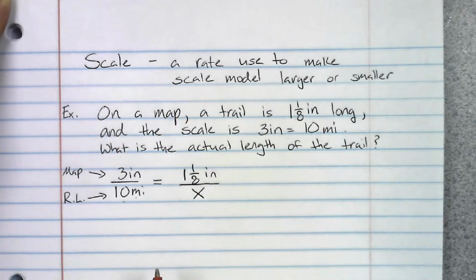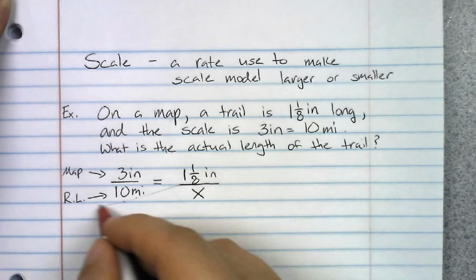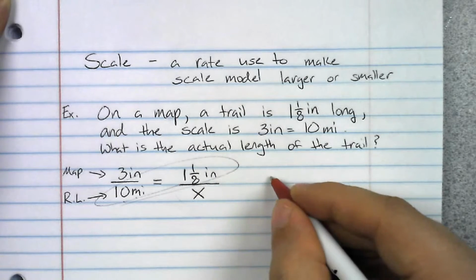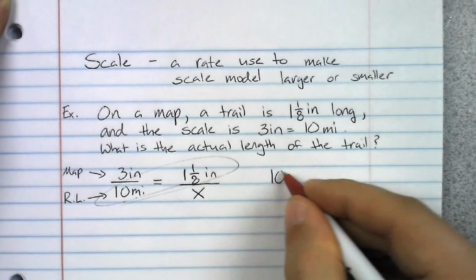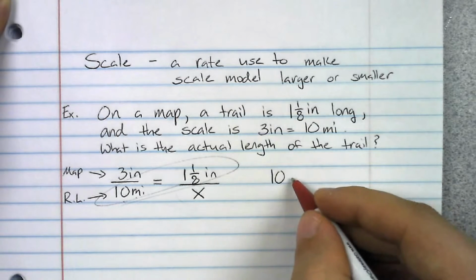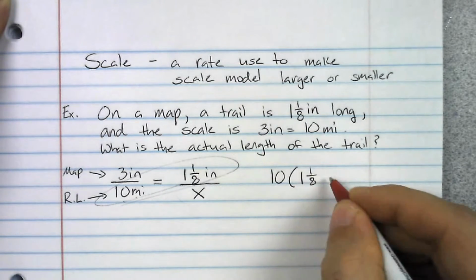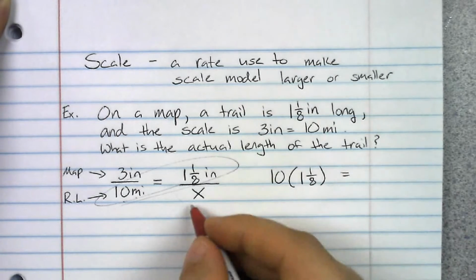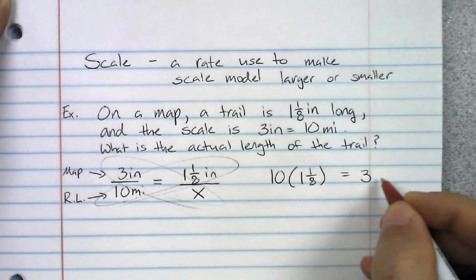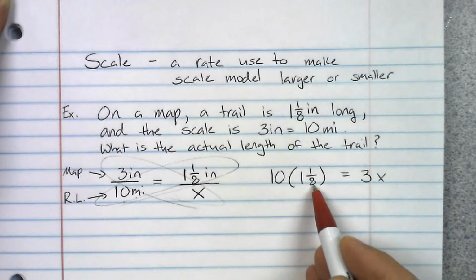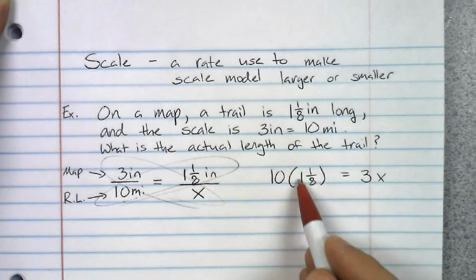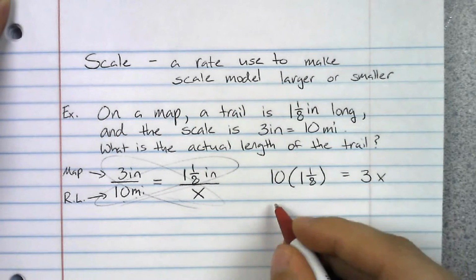So now that we have our proportion set up, cross products. In the first loop I have 10 times 1 1/8. In this loop I have 3 times x. Now whenever you see a mixed number, turn it into an improper fraction.